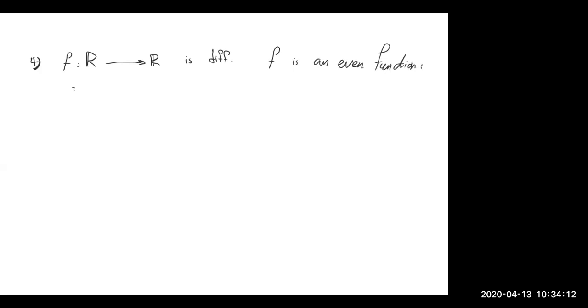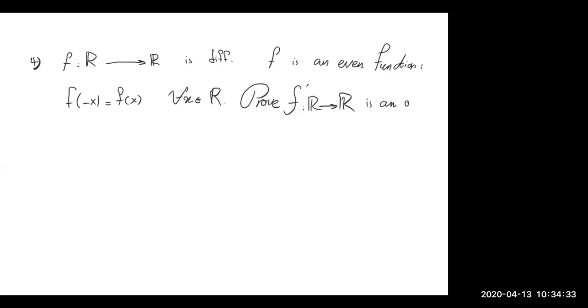By that I mean f of minus x equals f of x for any x in R. Prove f prime, as a function from R to R, is an odd function.